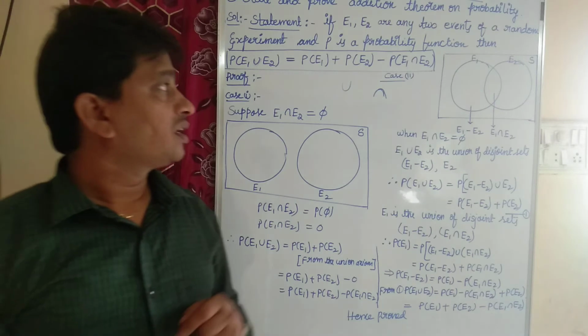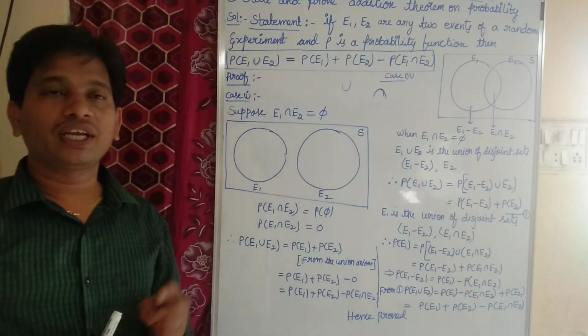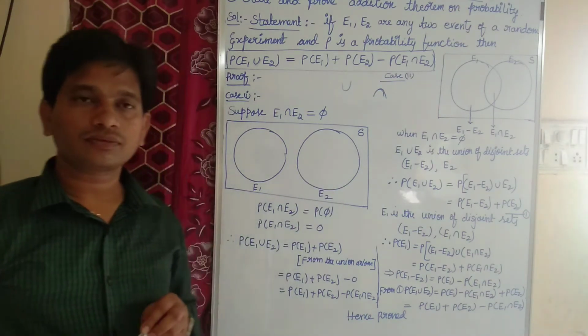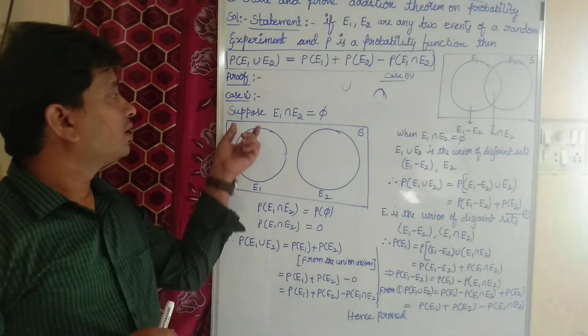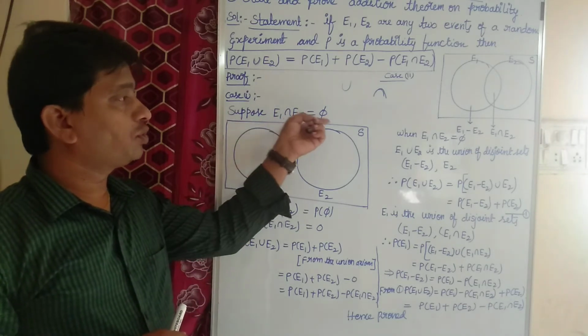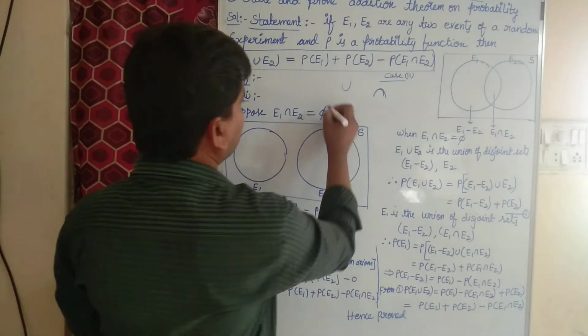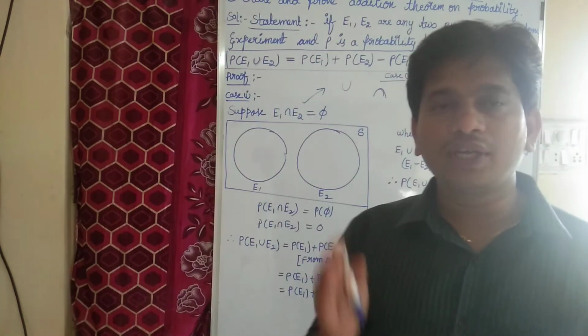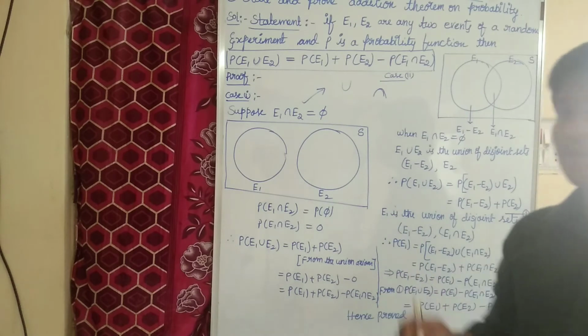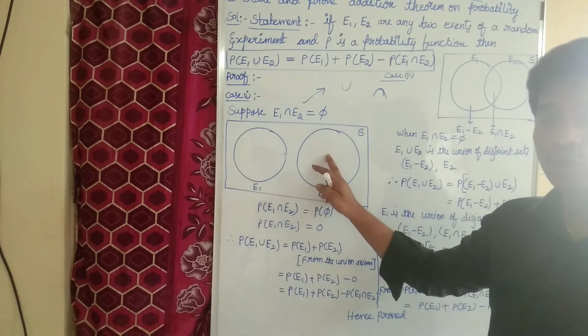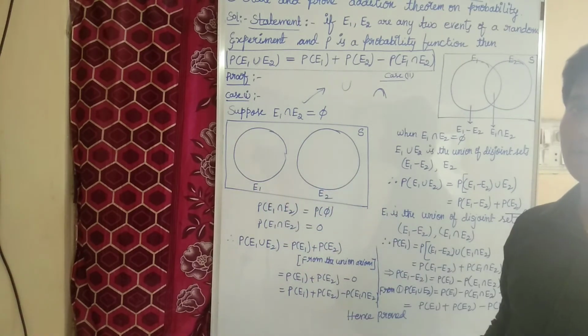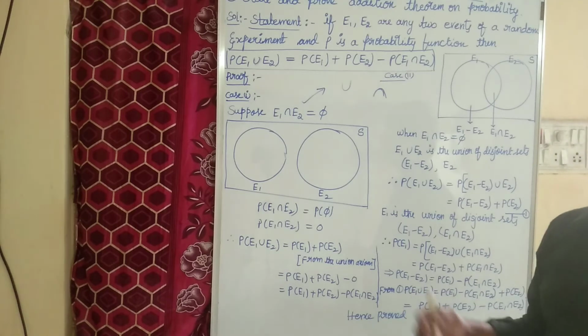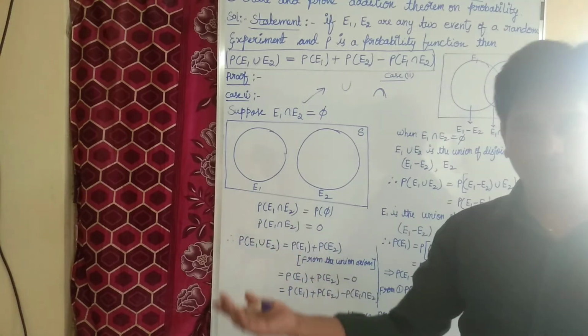So ఈ థియరం మనము ప్రూవ్ చేయడానికి we have two cases. The first case is E1 intersection E2 equal to pi. This is our case 1. I mean E1 and E2 are two disjoint events. Disjoint means E1 intersection E2 equal to what? Pi, right?